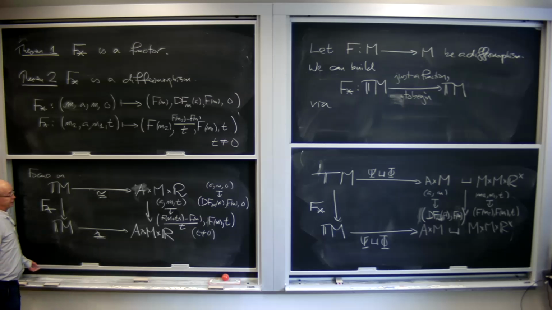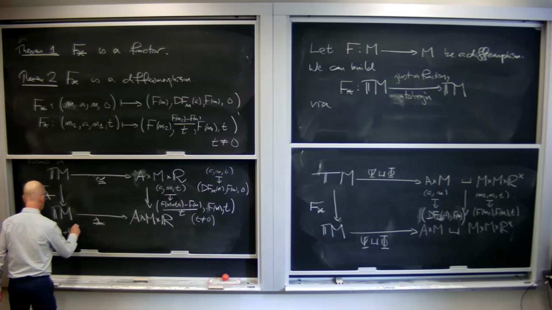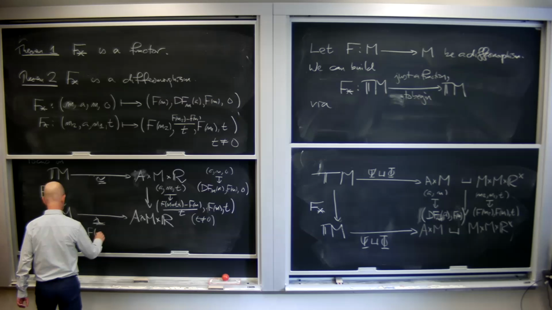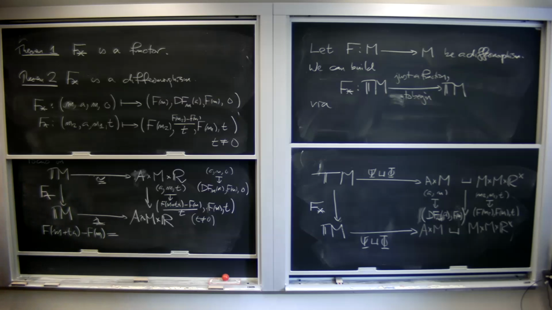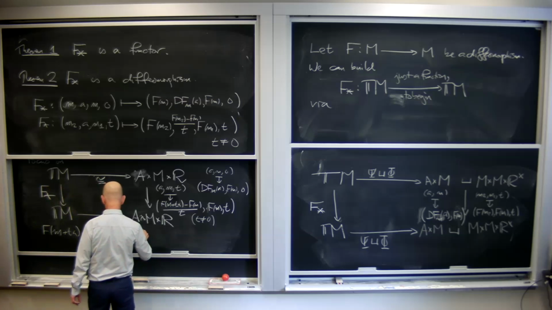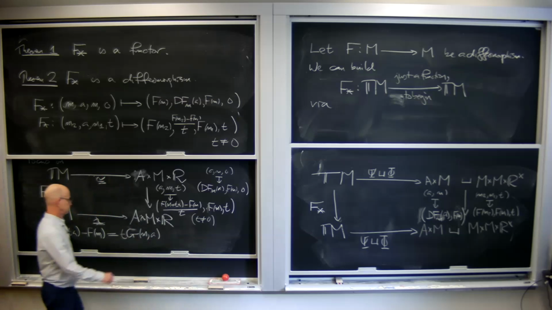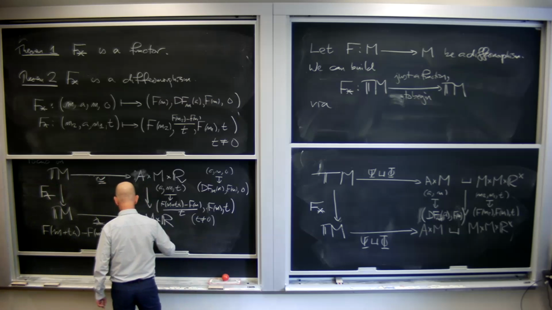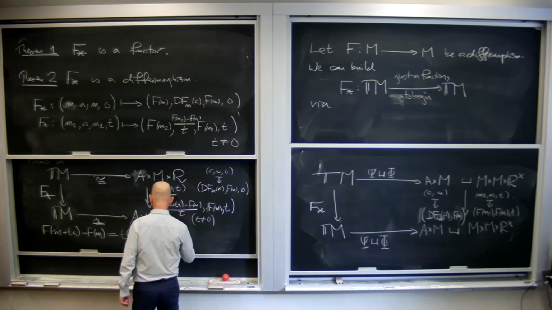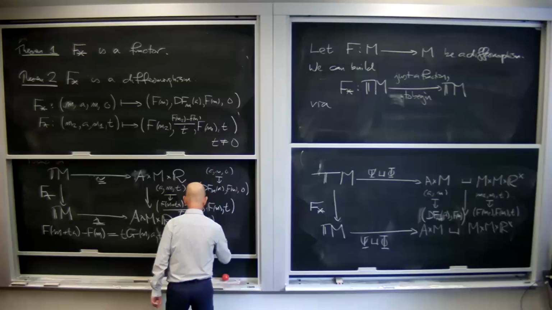And now we're in business, right? Because if you look at this fellow, you can write this as t, by Taylor's theorem with remainder or something. This is t times g of a function m comma a comma t, with the property that g of m, a, 0 is the derivative.